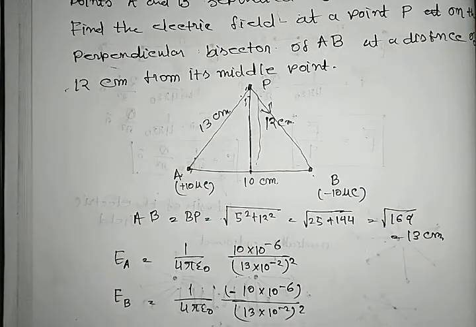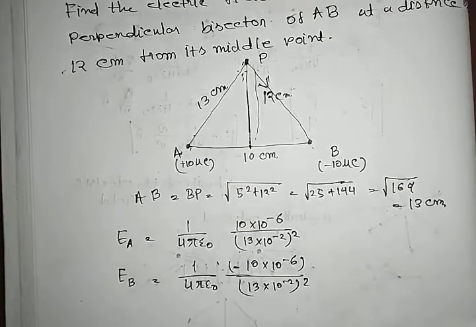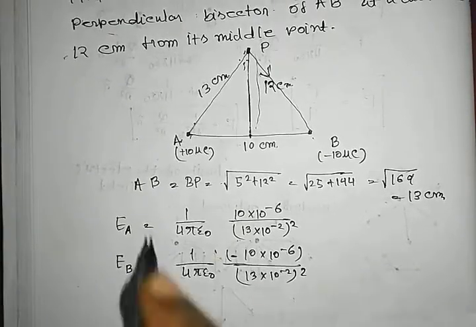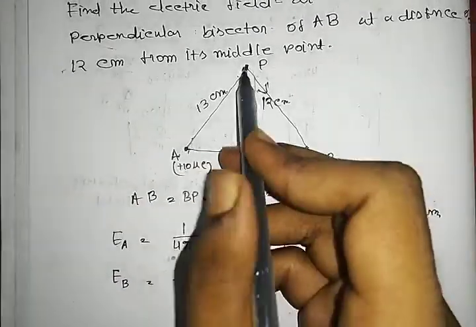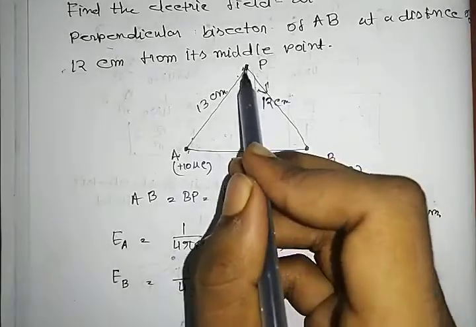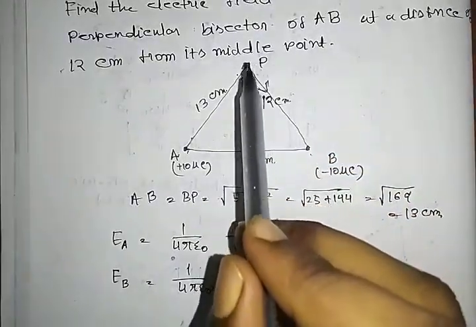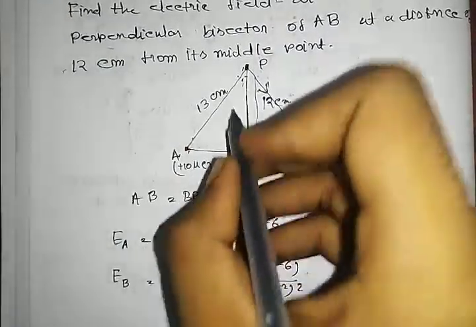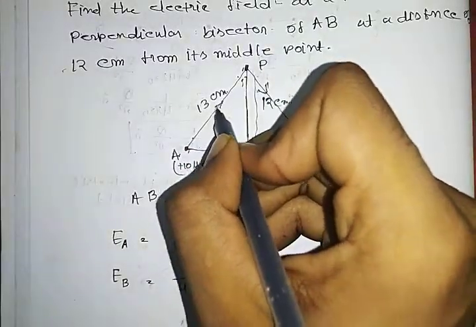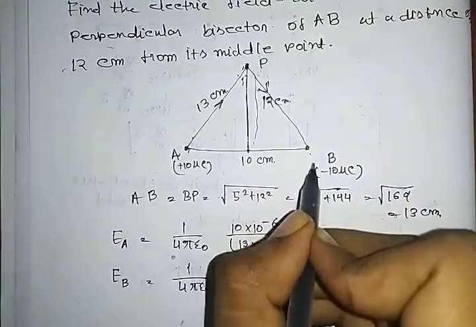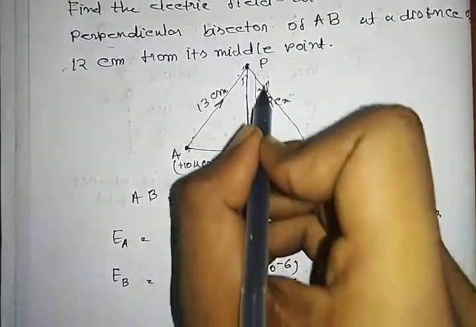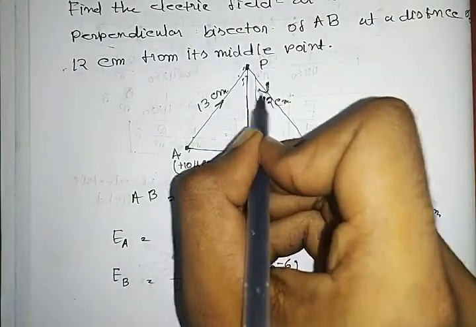Now one thing about electric field is that it's a vector quantity, so it has a direction. For determining electric field, we consider a test charge, and the test charge is positive here. So this will be a repulsive force and will be directed in this direction, but this is a negative charge, so this will be an attractive force and will be directed along this direction.